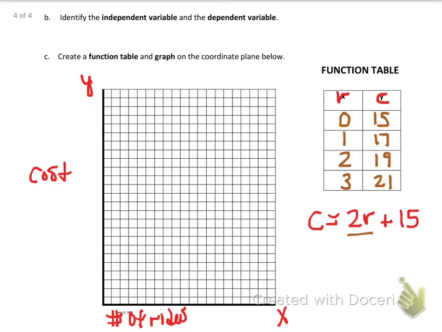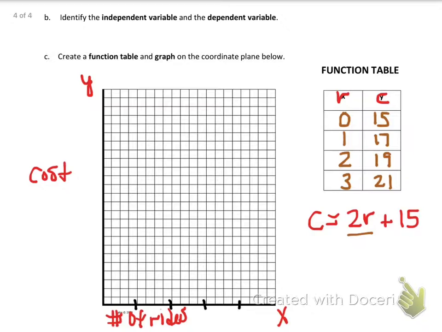And now we'll just graph it. So let's see, let me just use some black here. I've got to put rides here down on the bottom. So maybe I'll skip every 4th. So there's 0 rides. This would be 1 ride, 2 rides, 3 rides.